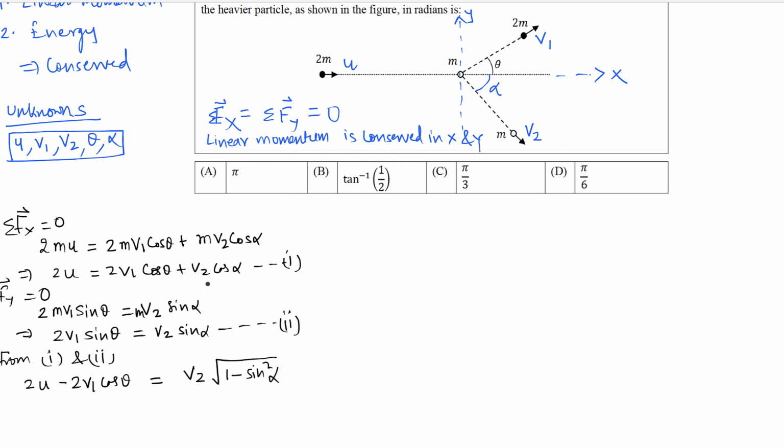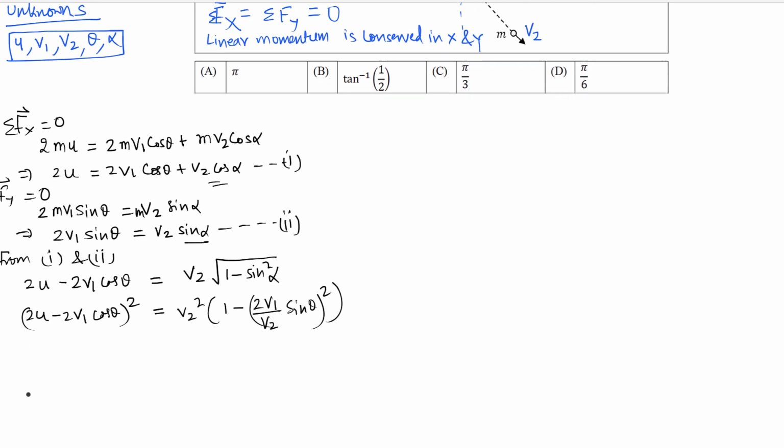We're just rewriting this equation, and then we square both sides. v2 square times 1 minus, now instead of sine alpha we'll put 2v1 by v2 sine theta, squared.